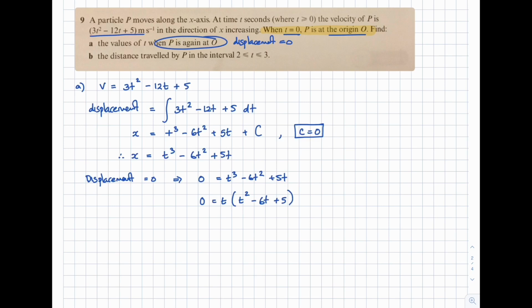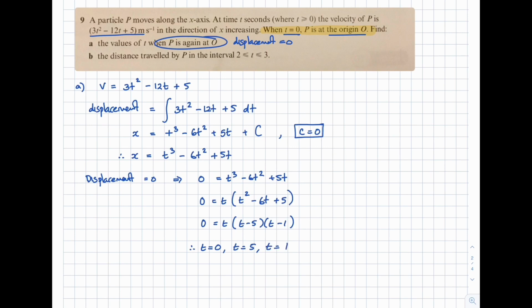That quadratic factor can be further factorized, so this becomes t minus 5, t minus 1, and solving you get the following values for t. So we can say, well, therefore t is going to be equal to 0, t is equal to 5, and t is equal to 1.